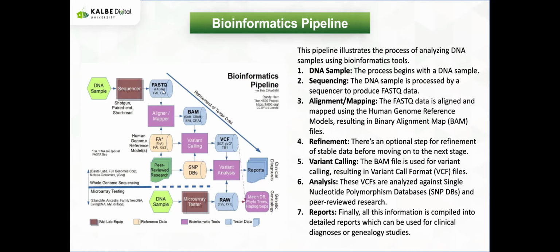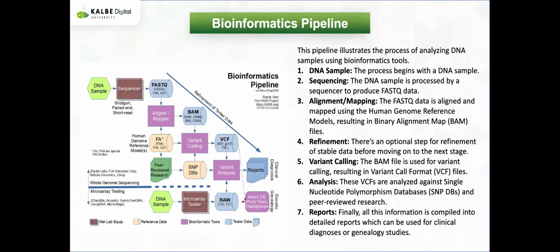Once it's in the FASTQ format, it will go through an aligner or a mapper, where the FASTQ data is aligned and mapped using the human genome reference models. And then it will create a BAM file or a binary alignment map file. After this, there's an optional step of refinement before going to the next stage, which is variant calling. Here, the BAM file is used for variant calling, and it results in a VCF file or a variant call format file.